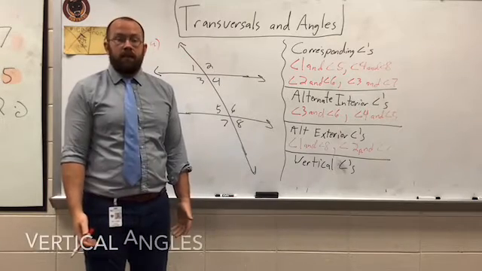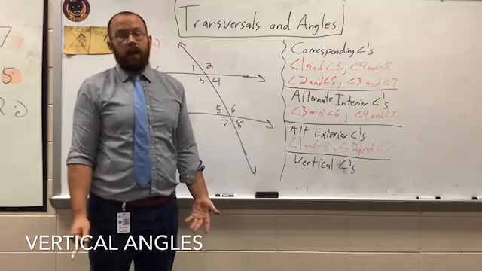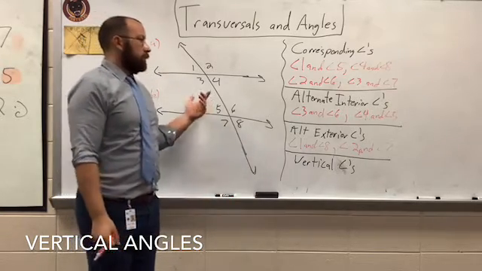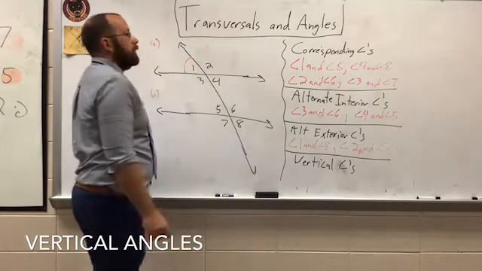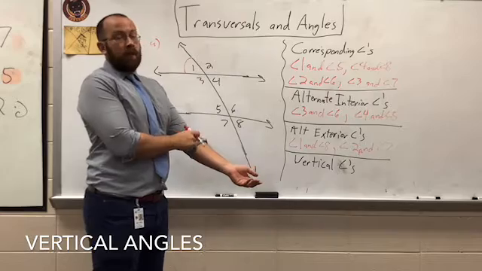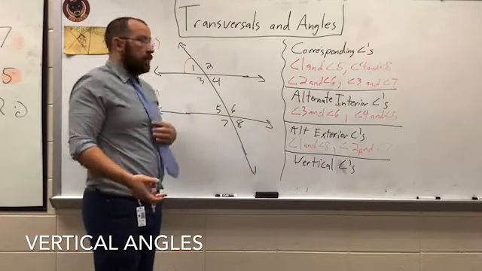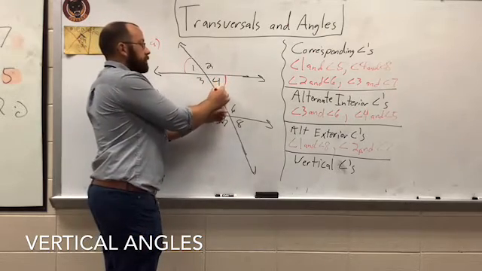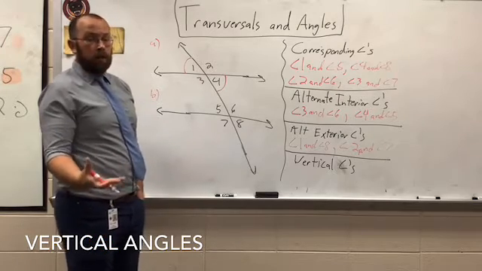The last set of angles we're going to talk about are vertical angles, and vertical angles are opposite each other. Their measures are congruent. So the first one I'll do is I'll say 1. What is 1's vertical angle? This is usually the one people have the easiest time with. So 1 is on the exact opposite side. 4. So those two are congruent. That means they're equal.